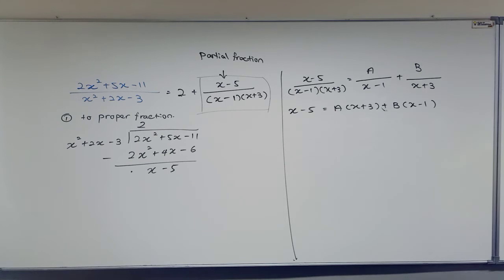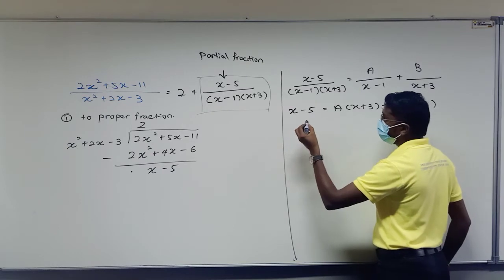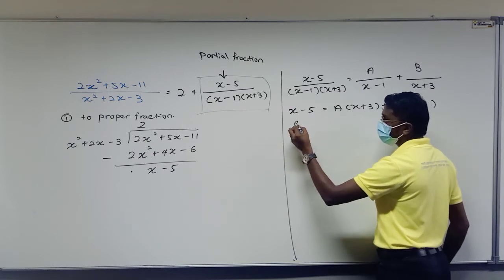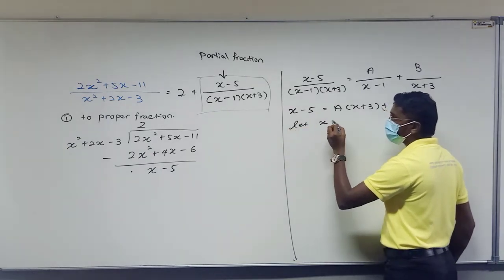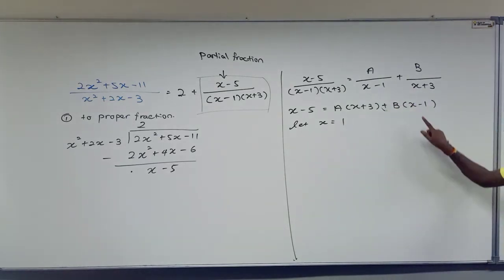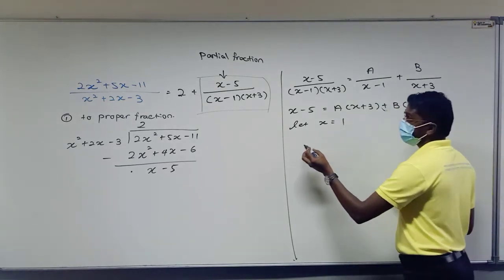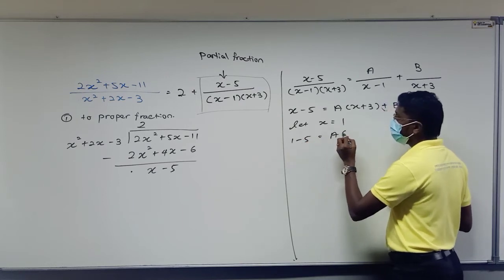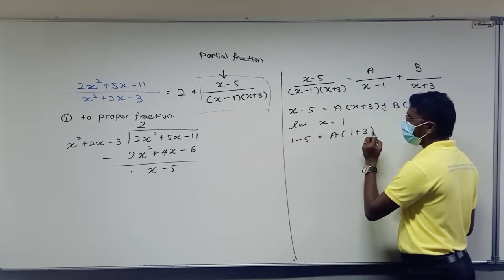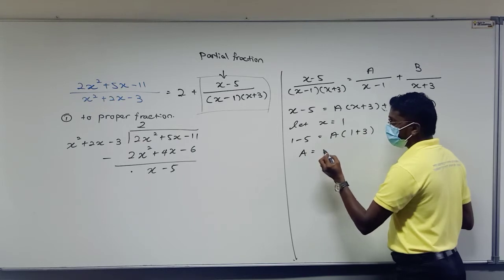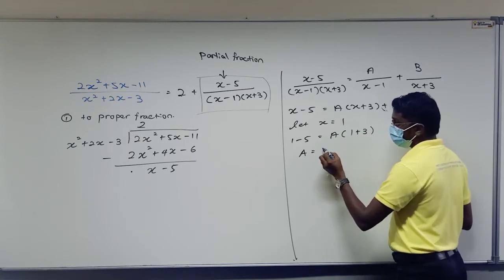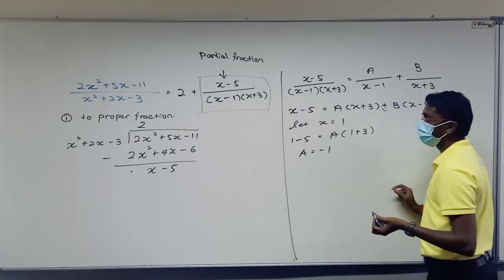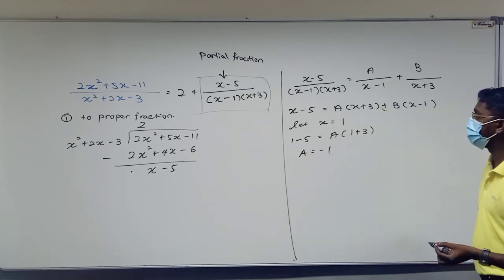So now we need to find the constants a and b. We eliminate one of the constants, we will eliminate b. So let x equal to 1. So 1 minus 5 is equal to a times 1 plus 3. Therefore, a is equal to negative 1.